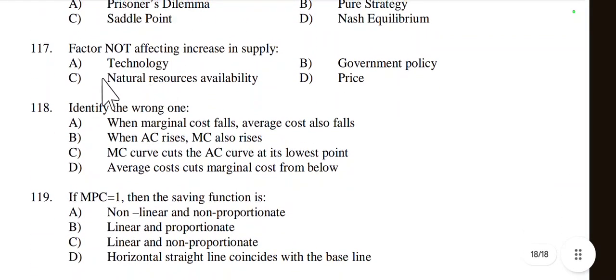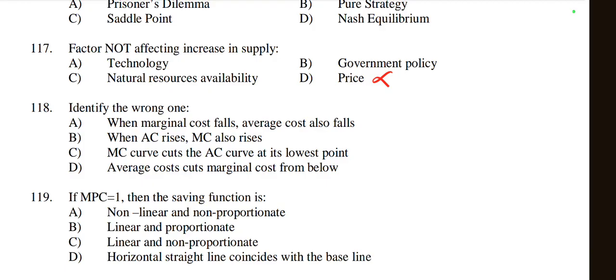Then question number 117, factor not affecting increase in supply. When technology improves, supply increases. Government policy improves, supply increases. Natural resources availability also, when natural resources are available, then supply also increases. But price and supply is not directly related, because price affects the quantity supplied, not the supply itself.